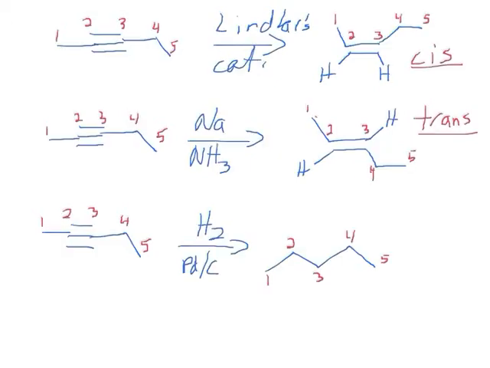So let's look at a terminal alkyne, and we're going to have it react with Hg2 plus and H plus in water. First step, what's my nucleophile, what's my electrophile?